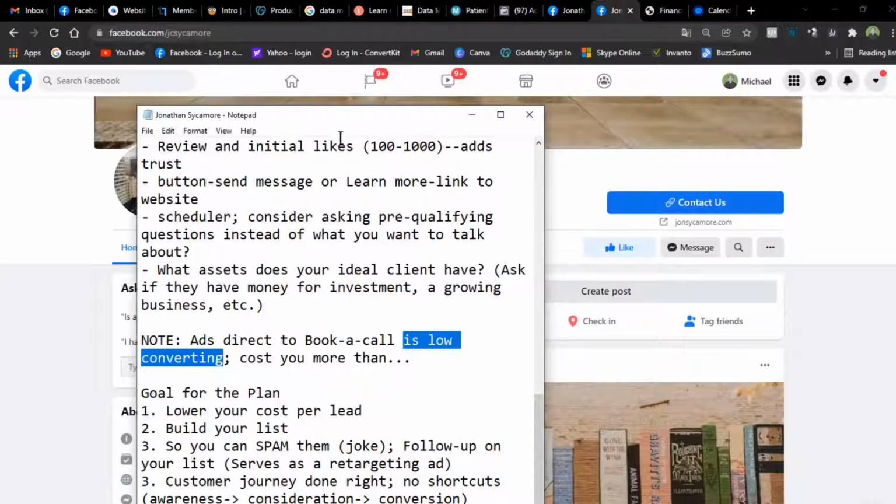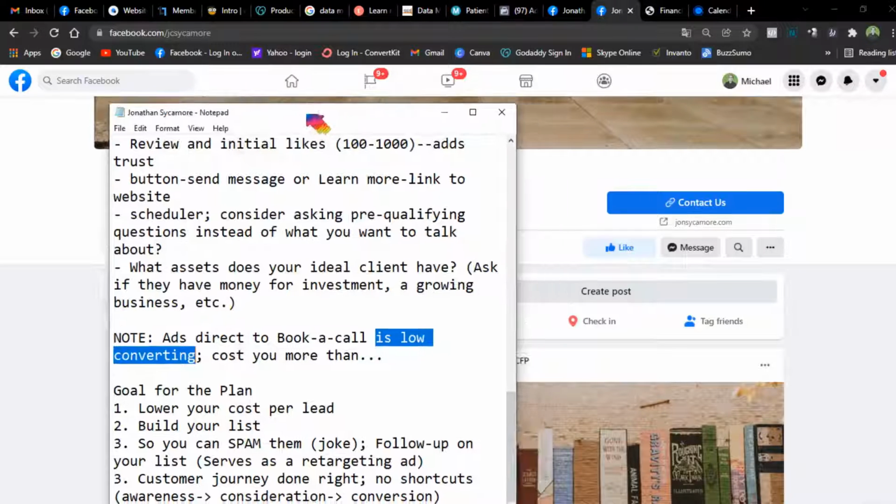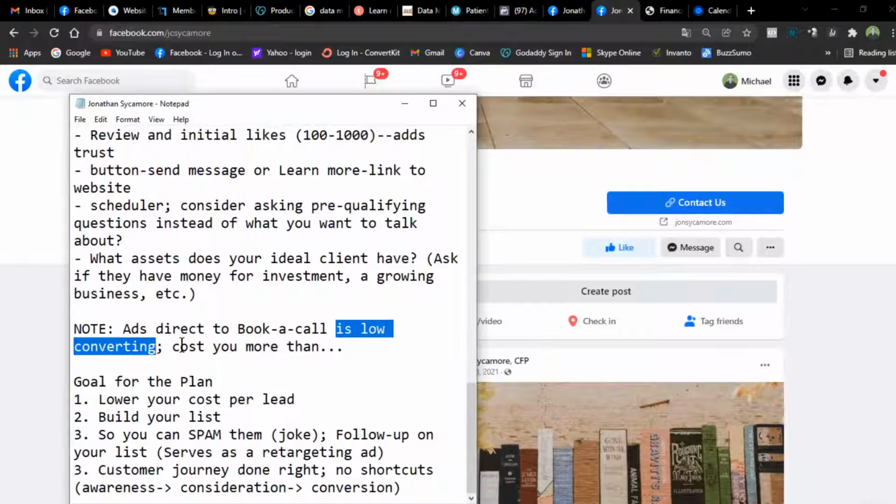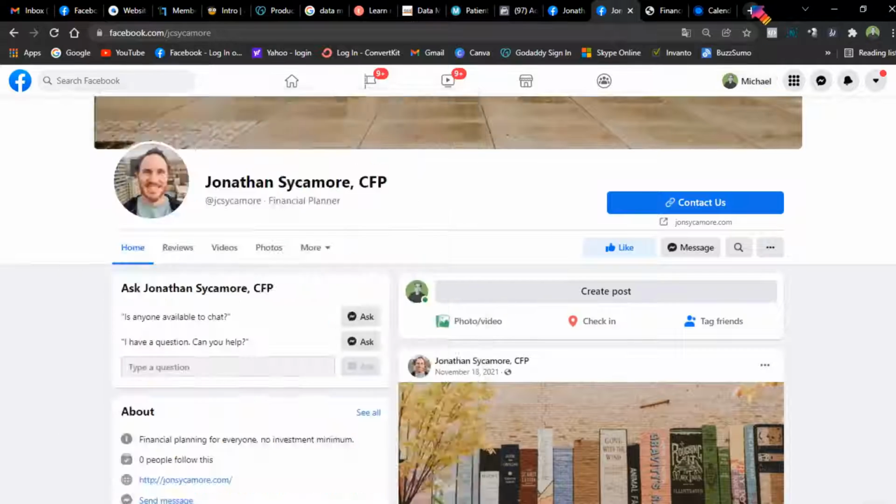These are people who don't know you yet, they don't like you, they don't trust you, and right off the bat they see your ad and you're inviting them on a date with you. That's basically what you are asking people, and it's going to be low converting. That would mean it'll cost you more for every booked call. Okay, so there's a different strategy that I would like to show you.